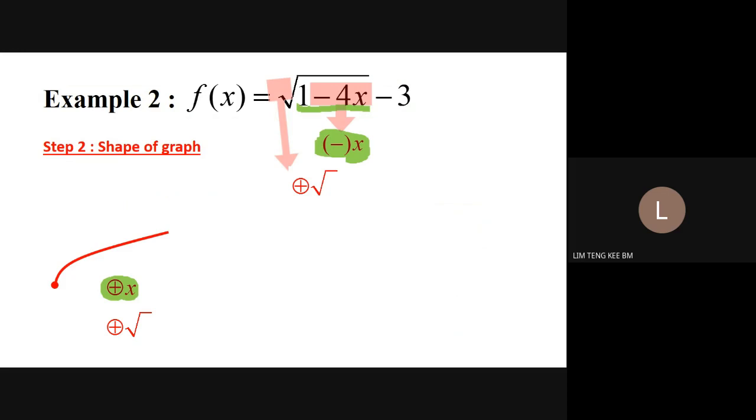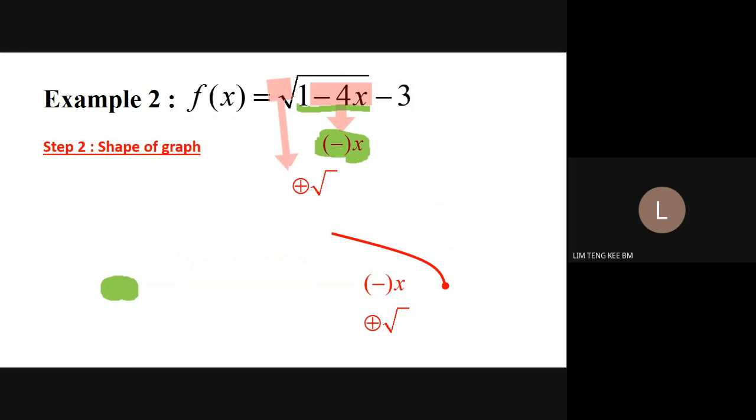If I want to change sign on the coefficient of x, then it will involve flipping the graph left, right. So from positive coefficient of x to negative coefficient of x, I will need to flip the graph left, right, and it gives me the shape in this way. So I flip horizontally, and this is the shape that I have. So now I have identified the shape of the graph in step 2.